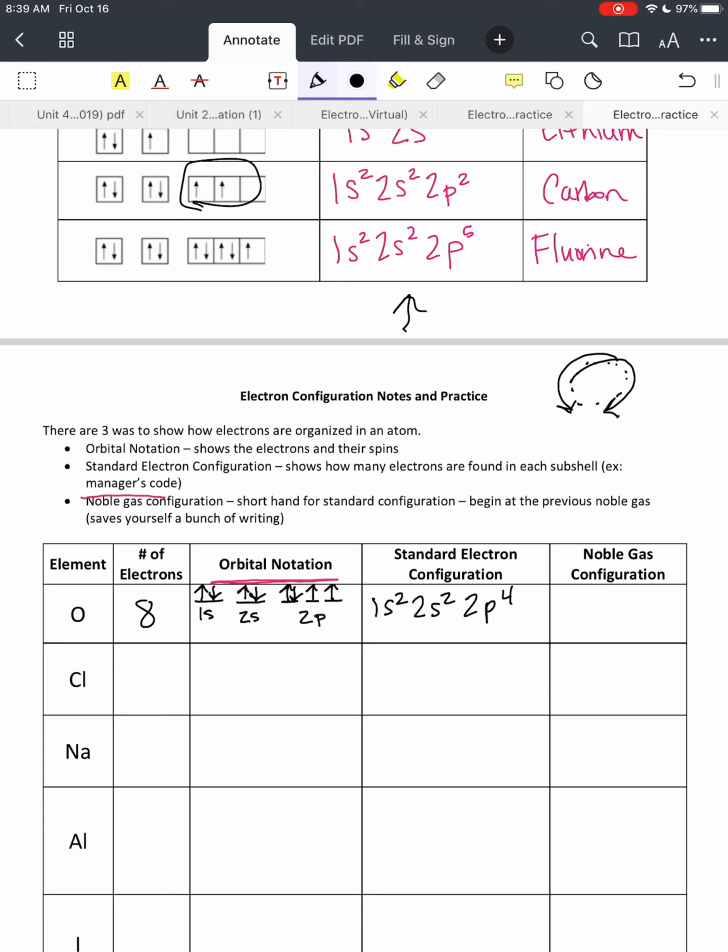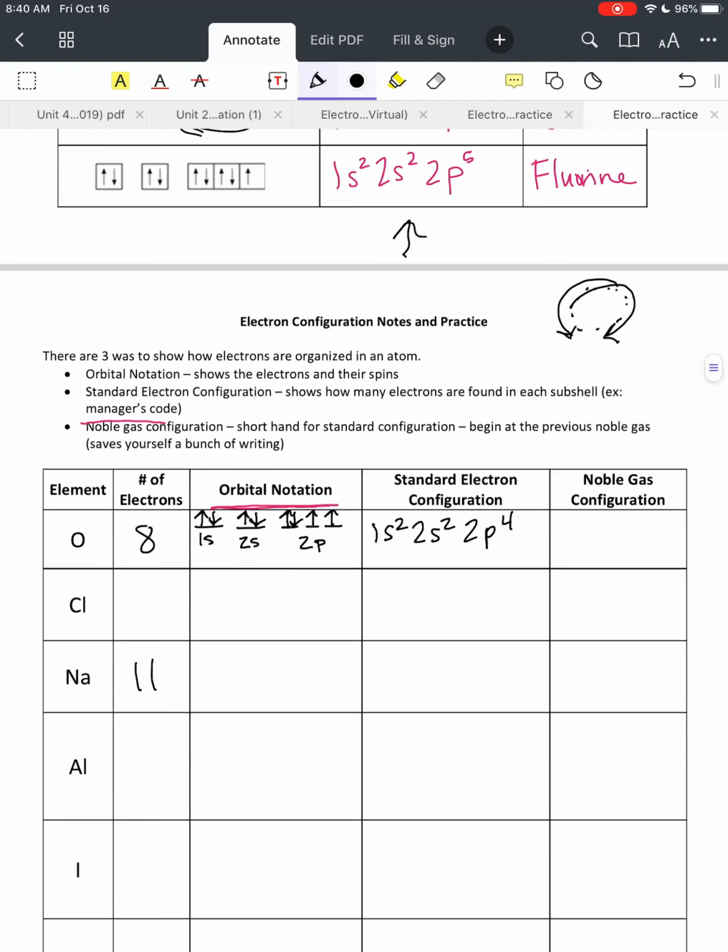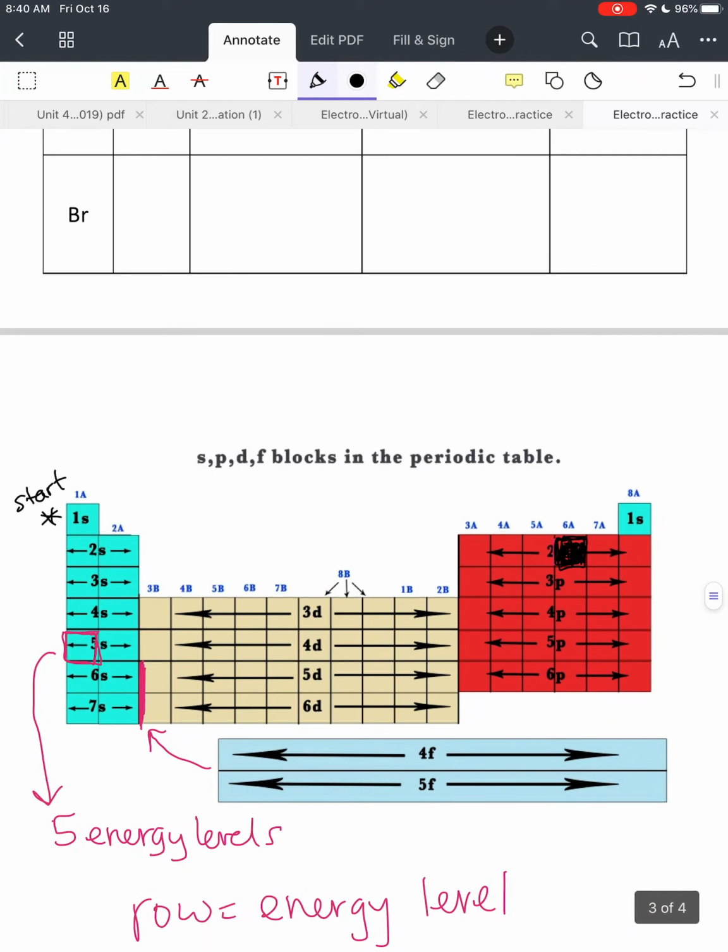Okay, let's do sodium next. We're going to skip chlorine for now. Let's do sodium. Na has 11 electrons. So let me erase my oxygen. Okay, and here's my sodium. It's on row 3, so I know that it's going to have 3 energy levels.